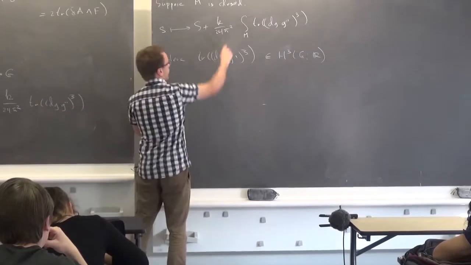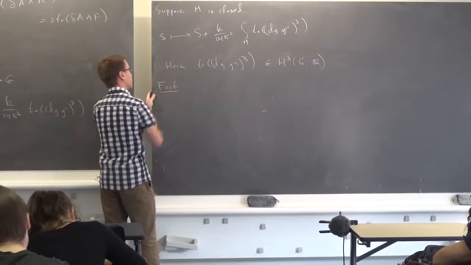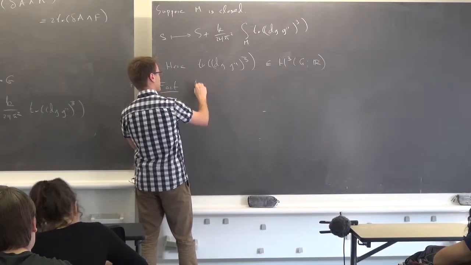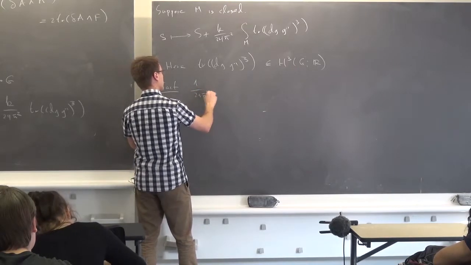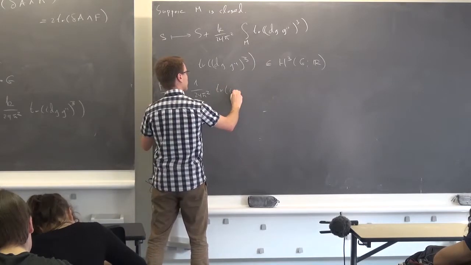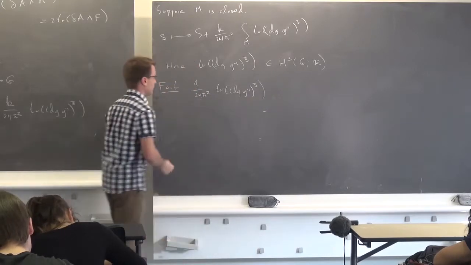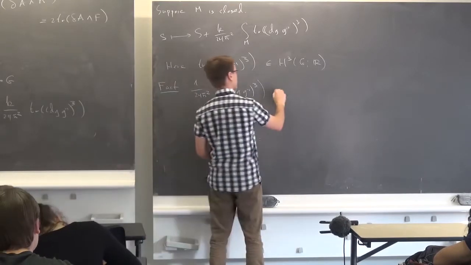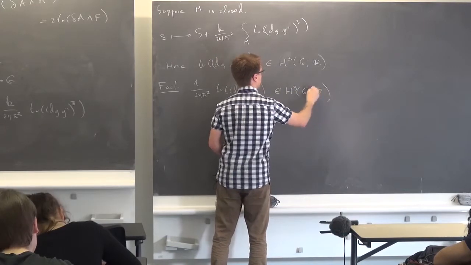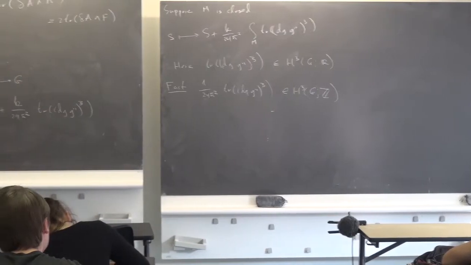And now let me state a fact about this 3 form. If you look at 1 over 24 pi squared of trace of (dg g inverse) cubed, and you look at its cohomology class, then it's actually the integral cohomology class. So this is why this constant was chosen like that.